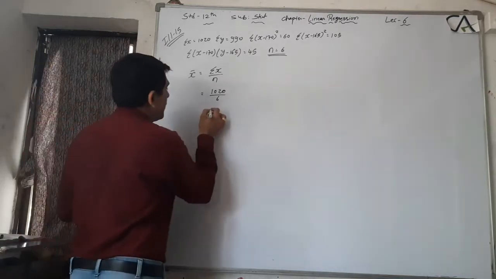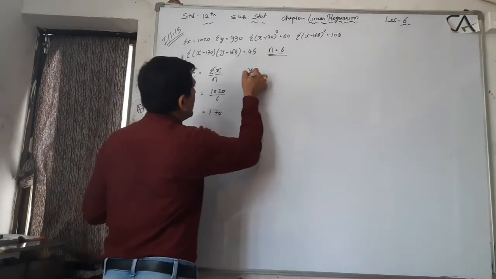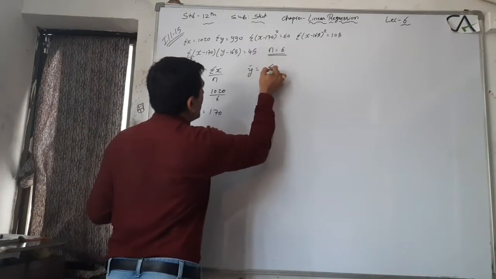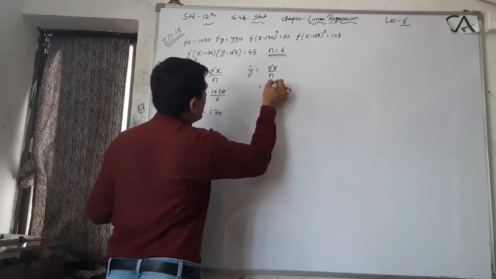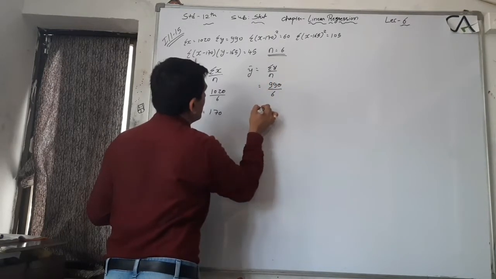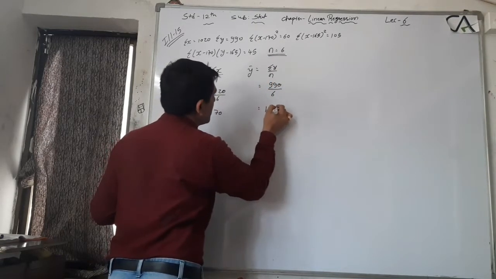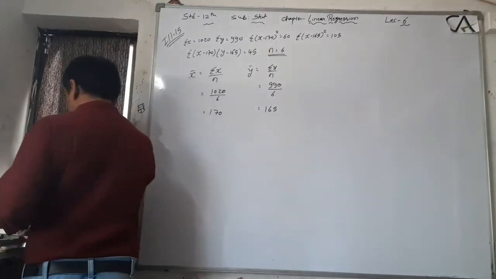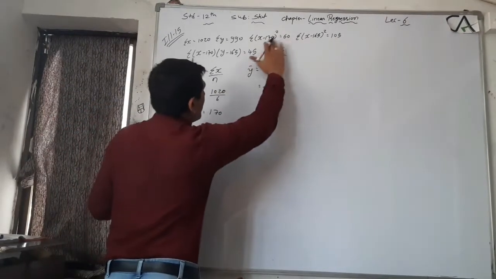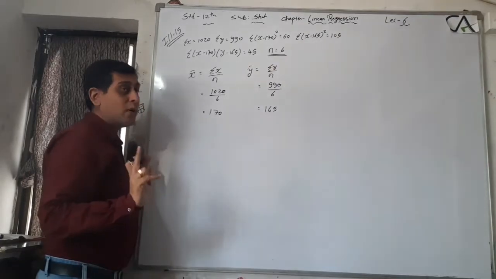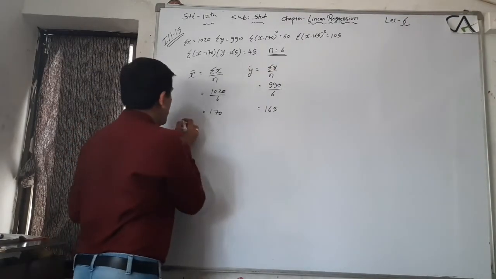That is 170, yes. And y bar is equal to sigma y upon n, that is 990 upon 6. That is 165. Okay. So here the values are given for x minus x bar.